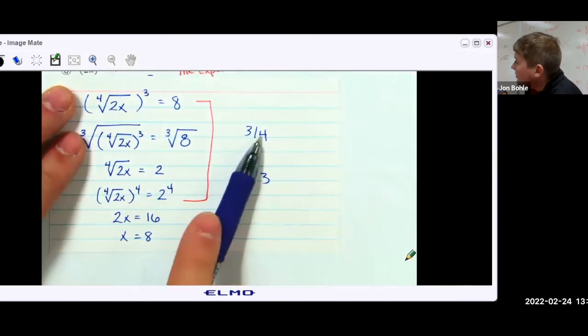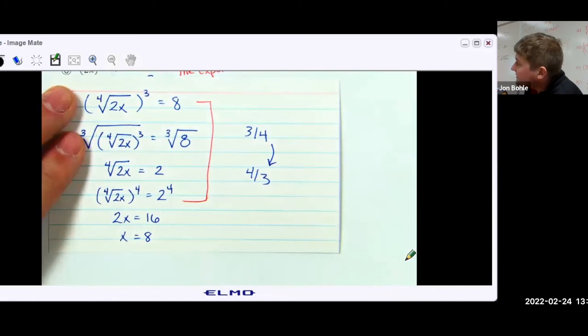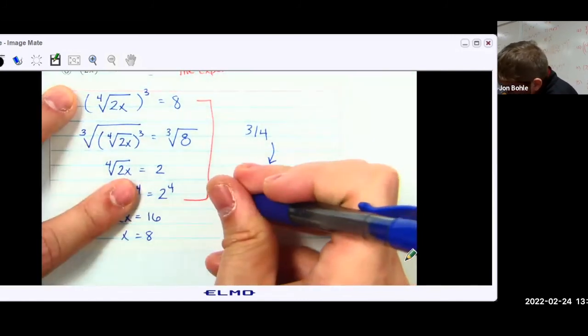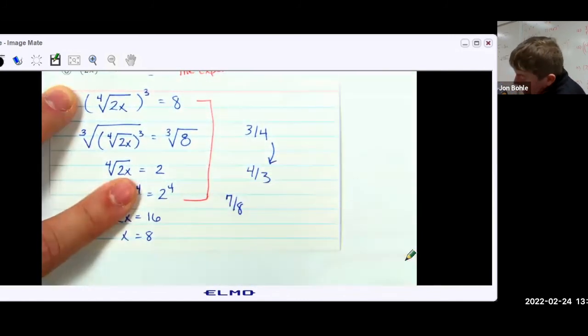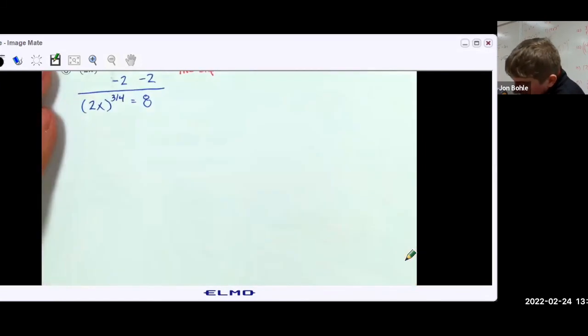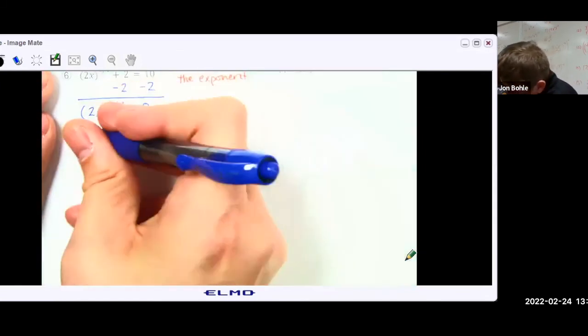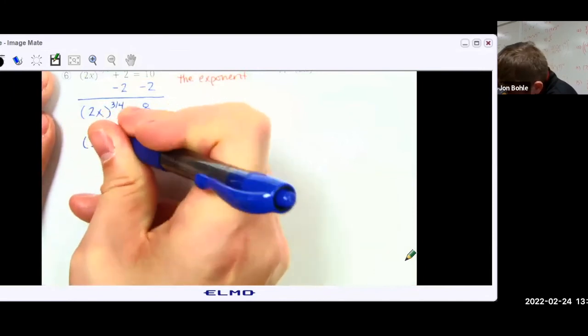So if I want to undo the 3/4 exponent, what exponent am I going to use? 4/3. If I have the 7/8 exponent, how am I going to undo the 7/8 exponent? 8/7. You guys are geniuses. I didn't have to do anything there. So if I want to undo this exponent, I can undo it with its reciprocal.